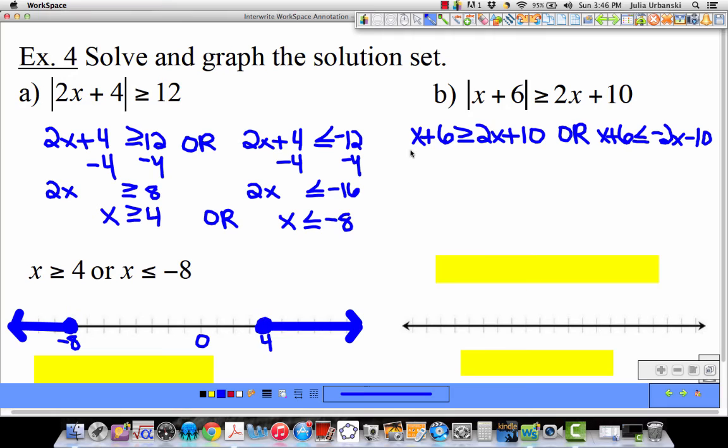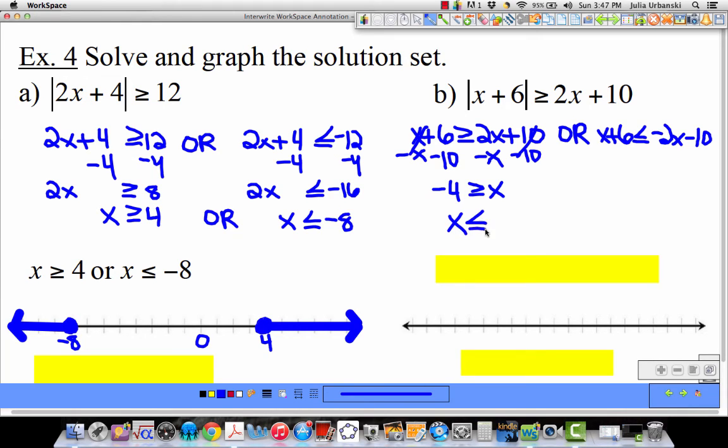So now I'm going to solve each one. I'm going to subtract x so that my numbers will stay positive. And on this side, I can subtract the 10. And I have -4 is greater than or equal to x. Now, if I try to graph this, my rules won't follow because x is on the wrong side. So I want to turn the entire thing around. So x is, and you have to make the open end still towards the 4.